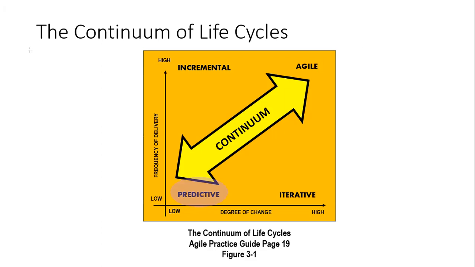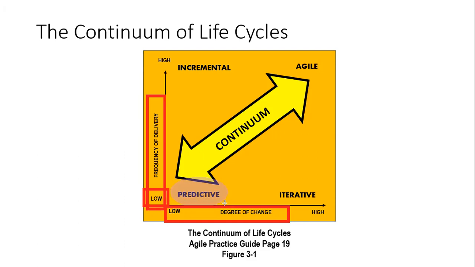In other words, you're probably delivering one time, and the degree of change is low. So take a look at these two parameters. I'm going to box them for you so you know what I'm talking about. When you have a low frequency of delivery, see that? Low. And you have a low degree of change, low, right? Looks like the Stacy complexity model. That is a recipe to use predictive.